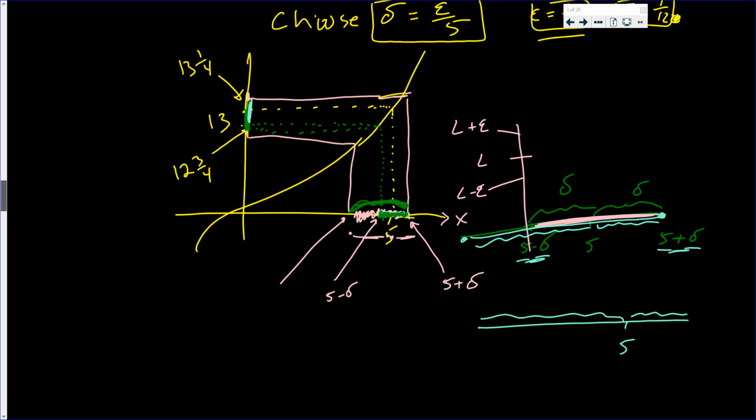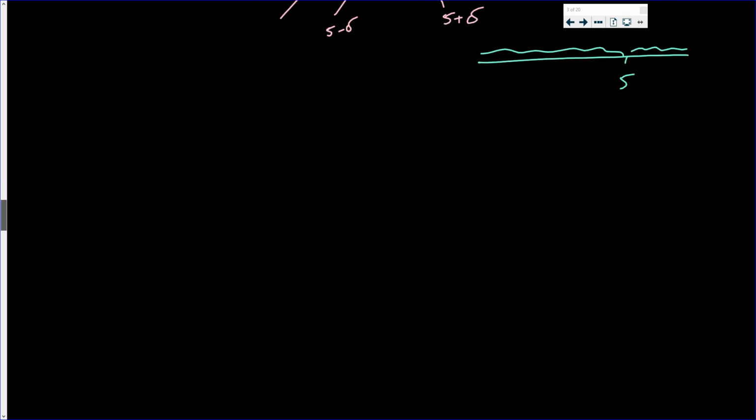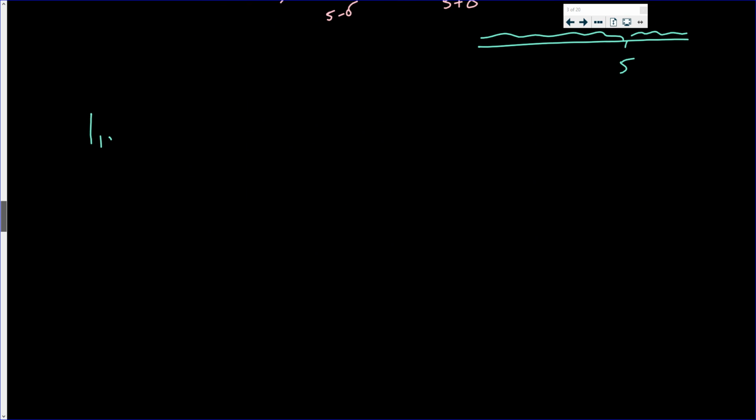Okay, let us try another one. Suppose you have the limit as x goes to -2 of 4x plus 10, and this is equal to 2. Okay, so it's standard.